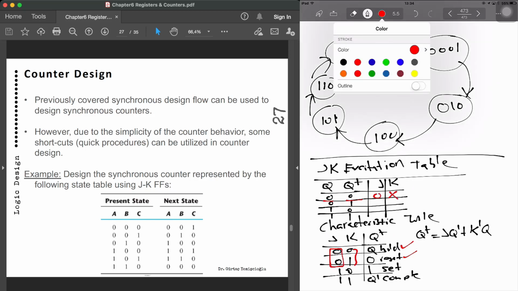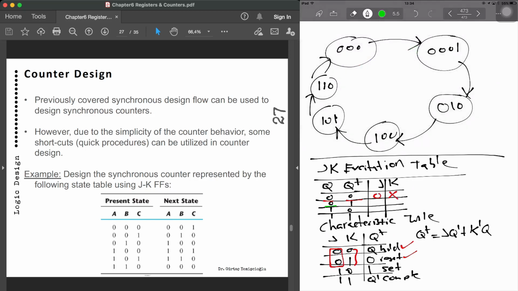Then 0, 1. Present state is 0, next state is 1. So what will happen? Either we are setting the output to be 1 or we are complementing the present state. It's 0, now it becomes 1. So in those cases, J is 1, K is don't care, so it's 1x. Then 1, 0.